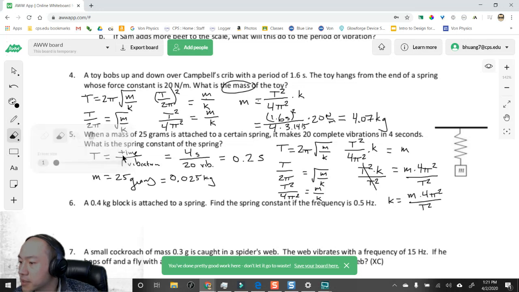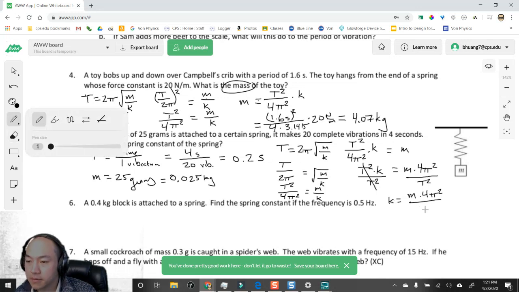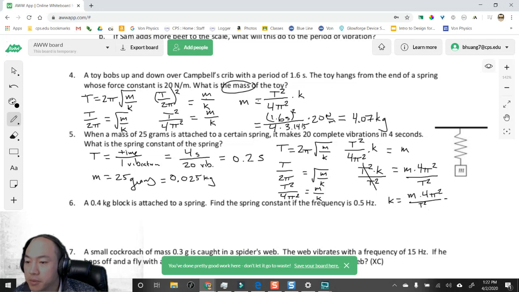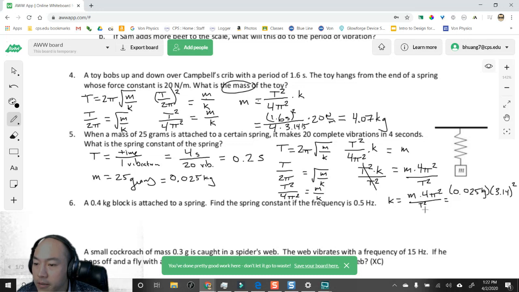Let's clean that up a little bit. Right here, divided by T squared. So we can just plug in some numbers here. So the mass is 25 grams, 0.025 kilograms, times pi squared, so 3.14 squared, divided by T squared.